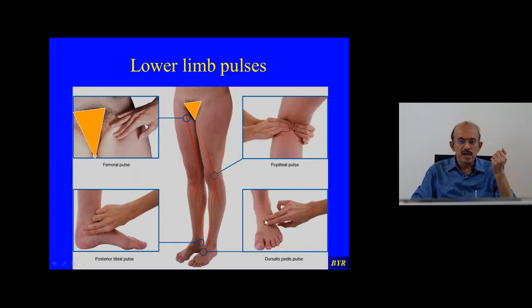Dorsalis pedis artery is felt over the tarsal bones just lateral to the extensor hallucis longus tendon. The posterior tibial artery is felt midway between the medial malleolus and calcaneal tuberosity. So midpoint between them, if you keep your fingers, you will feel the posterior tibial artery pulsations.